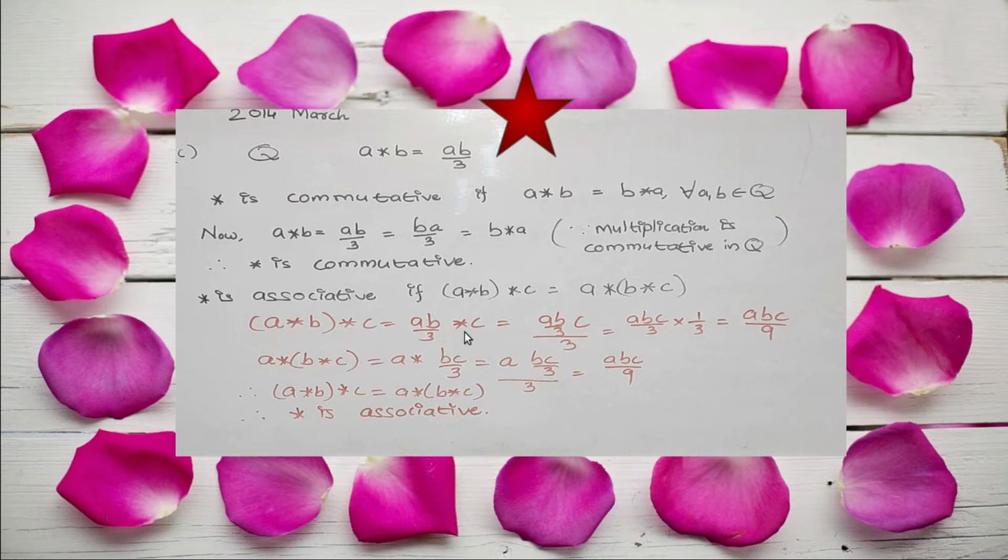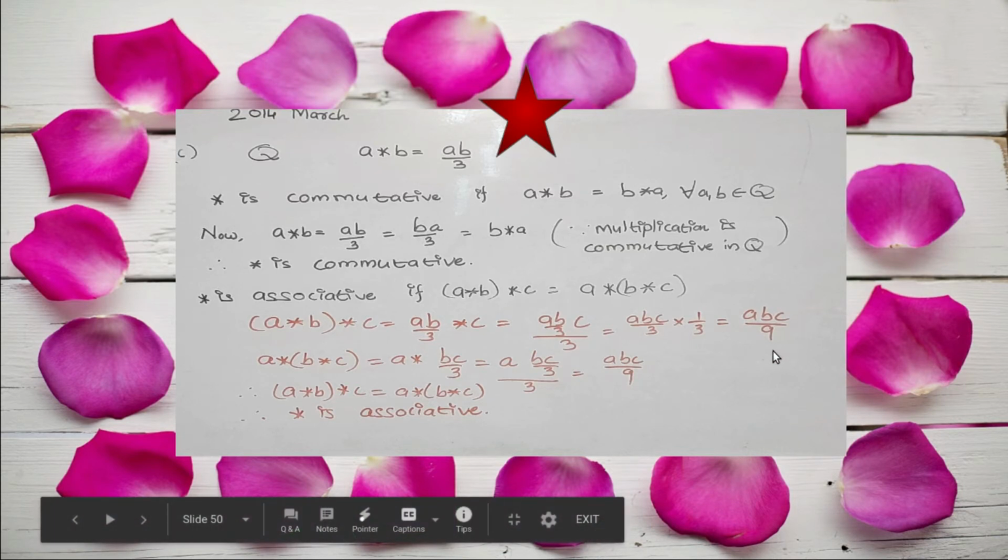Again applying star, take ab by 3 as one element. Then a star c is ac by 3, so we get ab by 3, c by 3. Now this is abc by 3 divided by 3, that is abc by 3 into 1 by 3, the reciprocal of 3. So we get abc divided by 9.